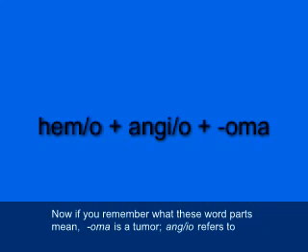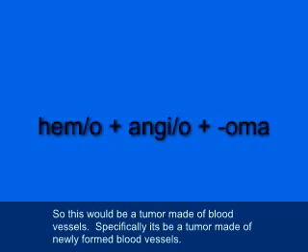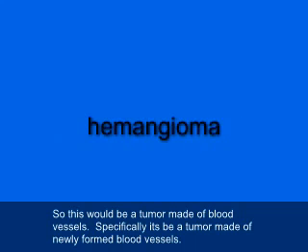Now, if you remember what these word parts mean, oma is a tumor, angio refers just to blood vessels in general, and hemo refers to blood. So this would be a tumor made of blood vessels. Specifically, it's a tumor made of newly formed blood vessels.